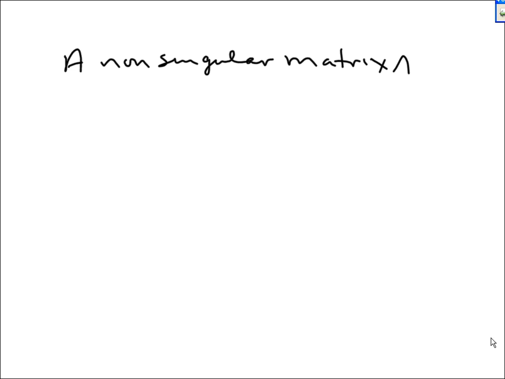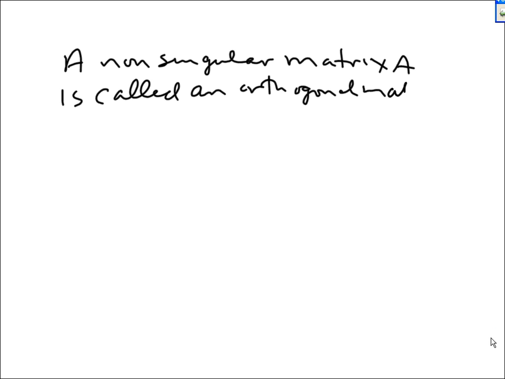Okay, the definition says the following. A non-singular matrix A is called an orthogonal matrix if A inverse is A transpose.